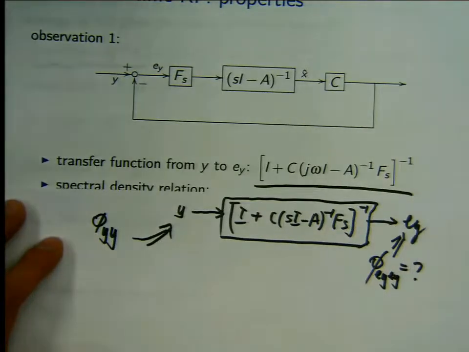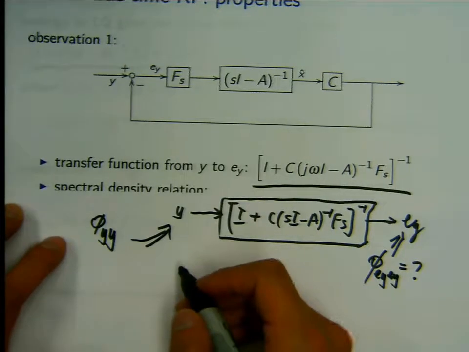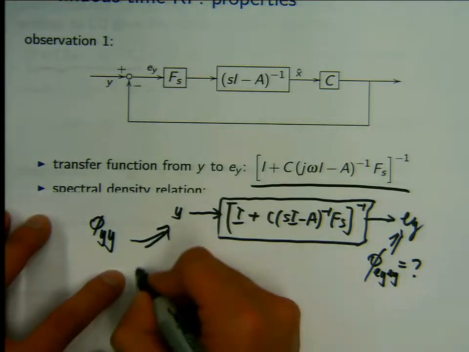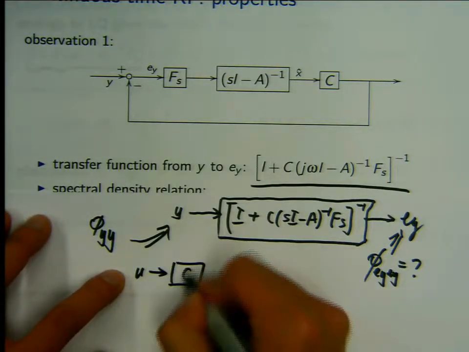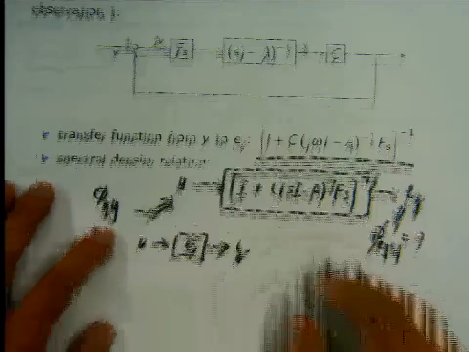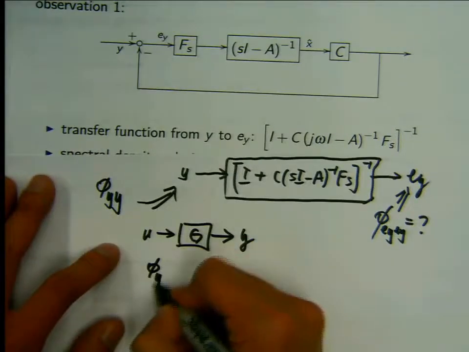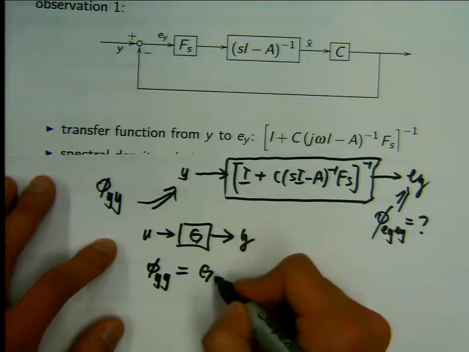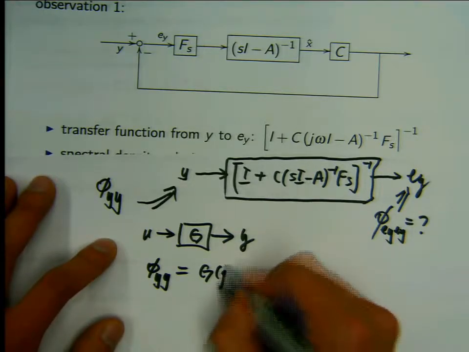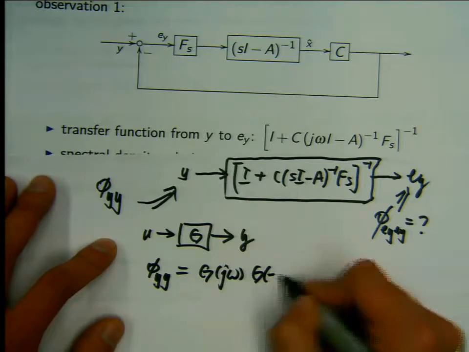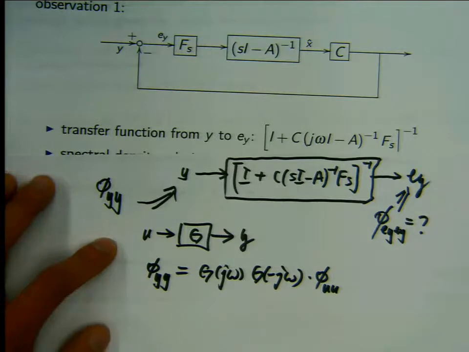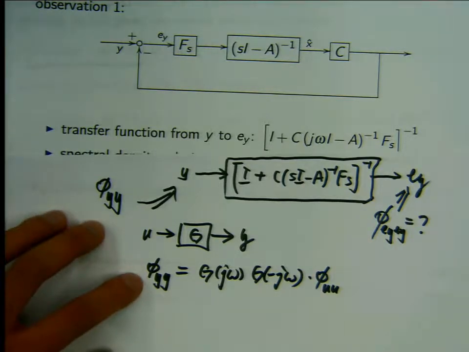So this was talked about, I think, 1 week ago maybe. If the input going to a system G, the output, then the spectral density of the output is going to be G(j omega), G(negative j omega) times the spectral density of u, for the single input, single output case, all right?